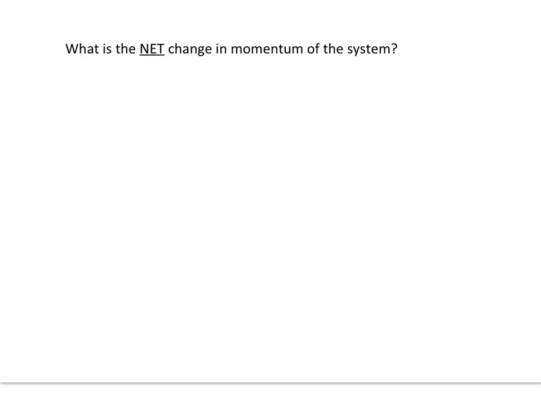The last question says, what's the net change in momentum of the system? When I talk about net, that just means total. To get that total, all I need to do is sum up the two impulses. Radioactive man was number 1, and the cannonball was number 2. When I first put in these numbers, it might be surprising.